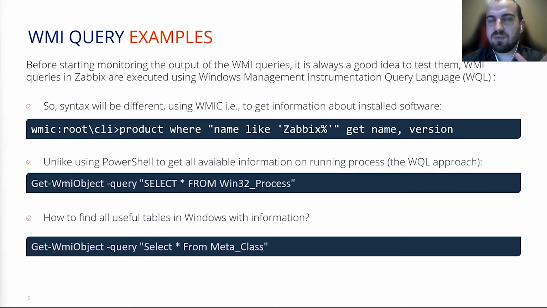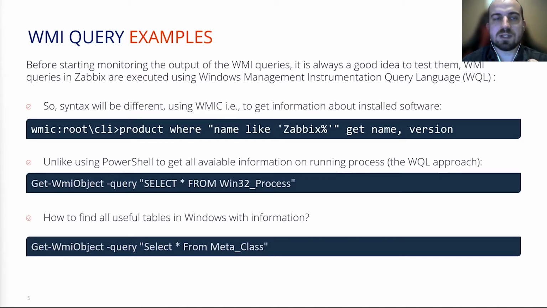But before adding any to Zabbix, before making Zabbix agent execute any, it's a good idea to test them out and see what will be returned. And if you try to use the now deprecated WMIC, the thing is, it doesn't use the same syntax as WQL, meaning that you will not be able to use it in Zabbix.